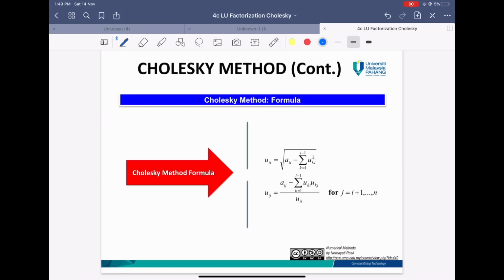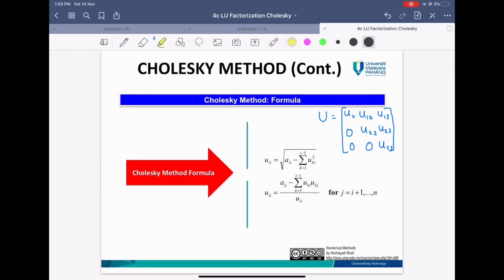Let's say we have a 3 by 3 matrix. For the upper triangular matrix U, we will have U11, U22, U33, U12, U13, U23. Below the main diagonal is 0. You can see that we have two formulas.